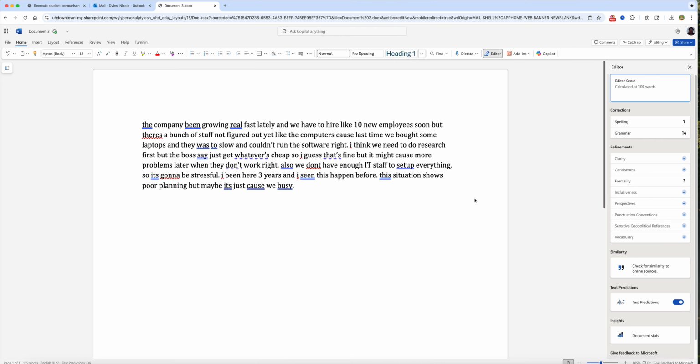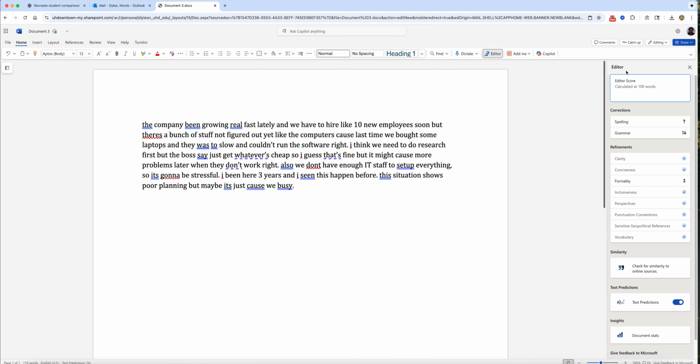I have to address one comment that I received earlier this semester: the computer does not do all of the work for you. If I go through here and address all of these spelling and grammar corrections that Microsoft Word tells me, that does not mean this is an error-free paragraph. You still have to read your sentences to make sure they make sense, because you can write a sentence that technically does not make sense and the editor might not catch it.